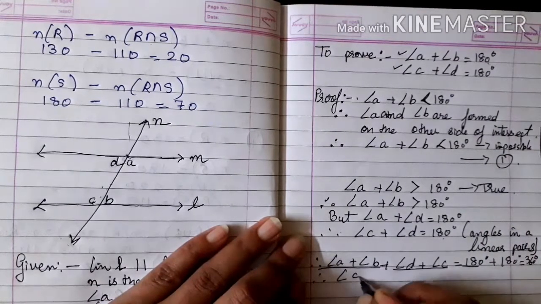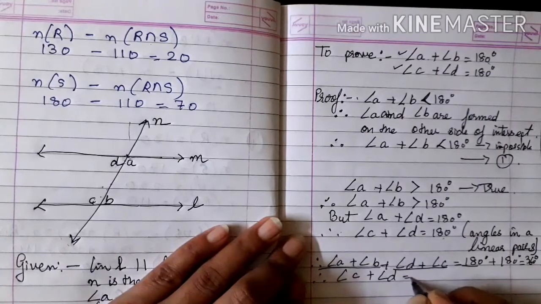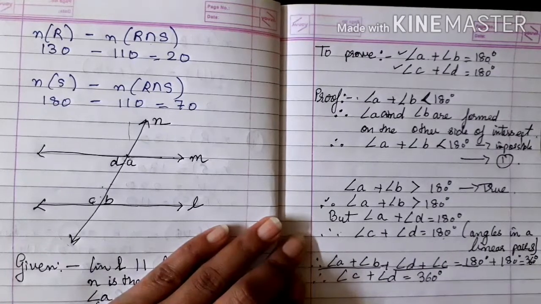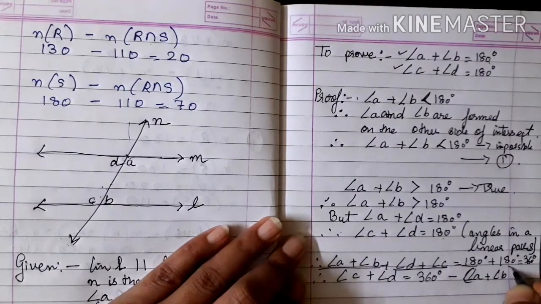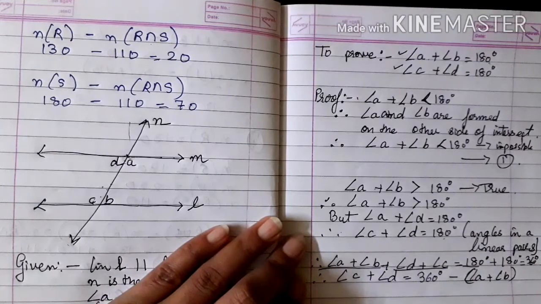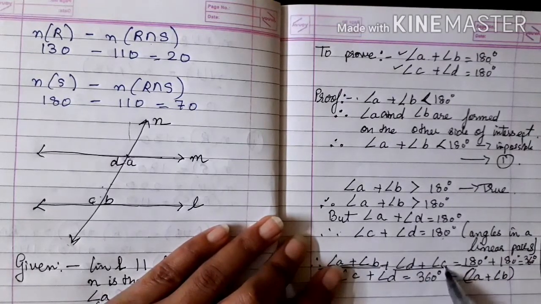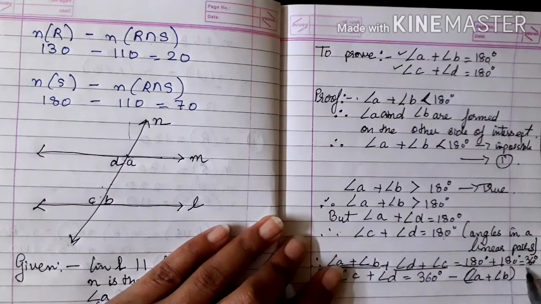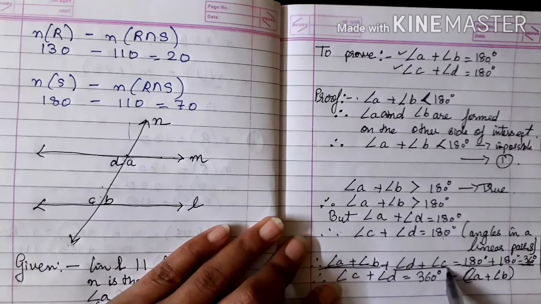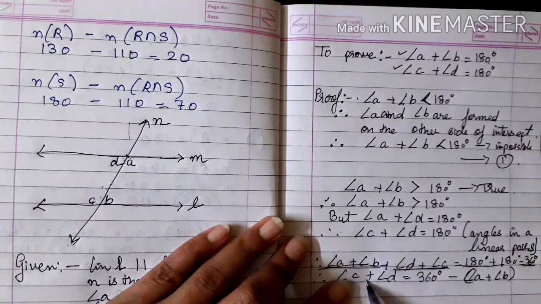Therefore, angle C plus angle D will be 360 minus (angle A plus angle B). Hope you are understanding it. If angle A and B is 180 and angle D and C is also 180, the total will give you 360.